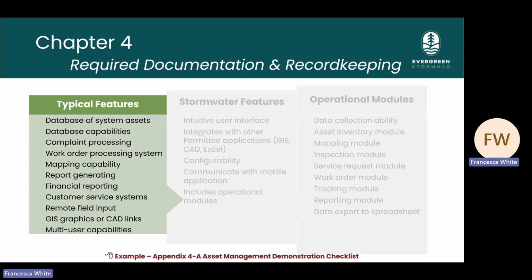And then it can be linked with other things like GIS and CAD and multi-user capabilities. So those are just a very broad list of typical features, not all of which would be used for stormwater, especially inspections and maintenance of BMPs and private property.